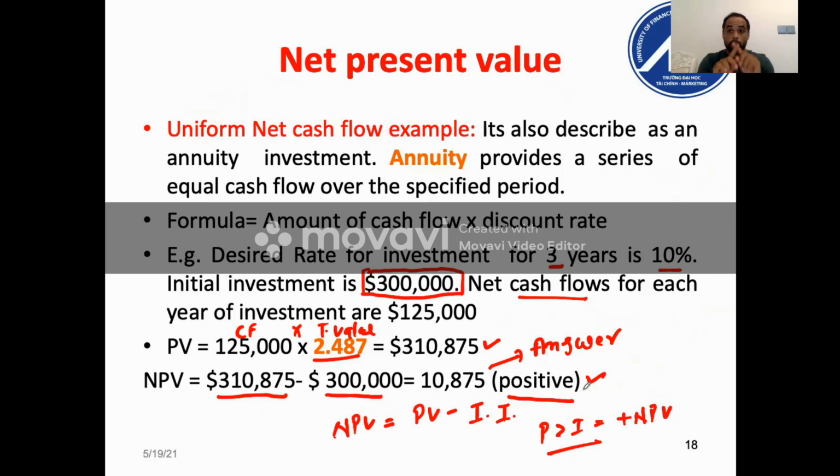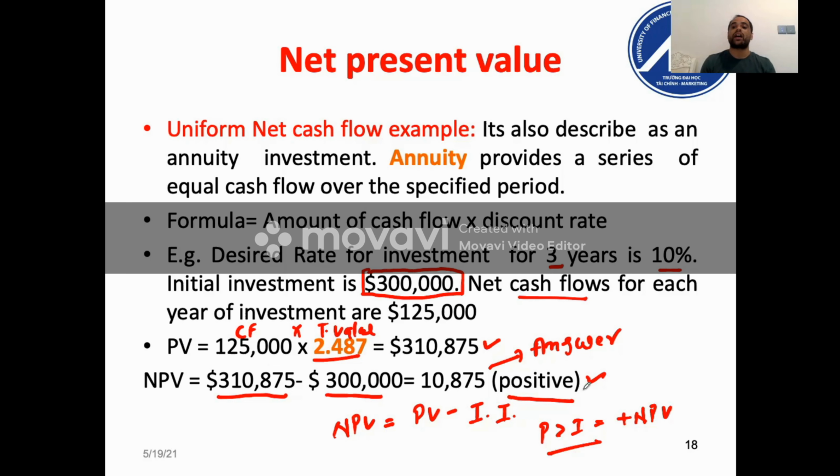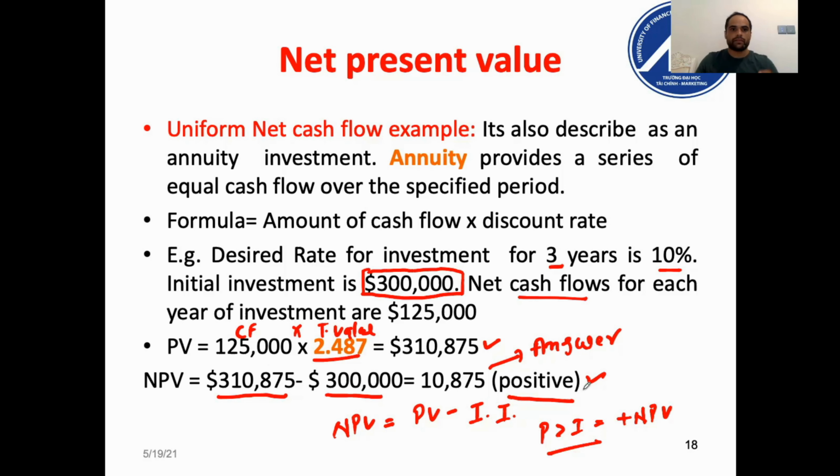If both project has a positive NPV, let's say first project is this 10,875 is the net present value, and the other project which net present value is 11,000 also positive. So which project we will select? If both project has a positive NPV, then we will select the higher NPV. So higher the NPV, obviously, we will high probability to select that project. All right. So let me write down this thing on the sheet.